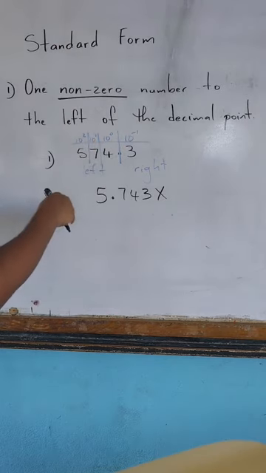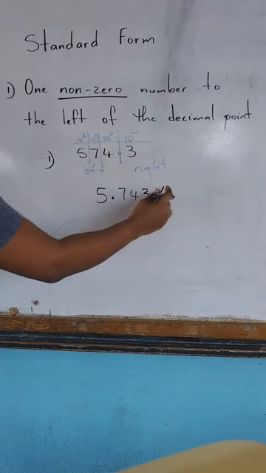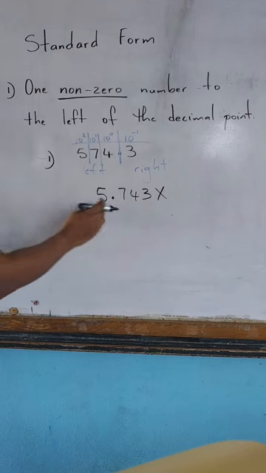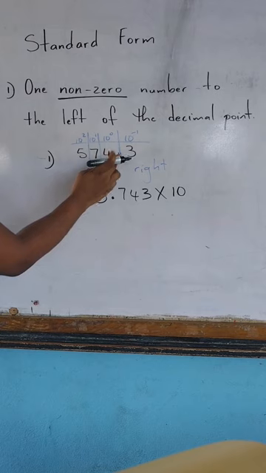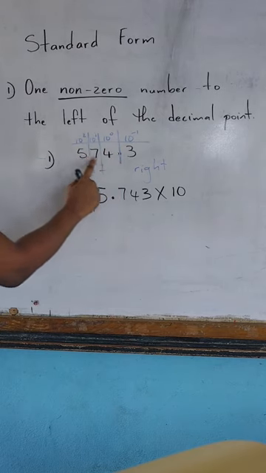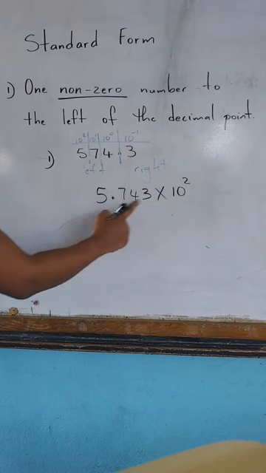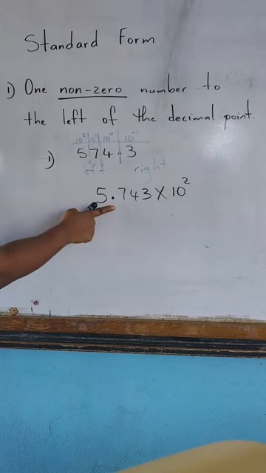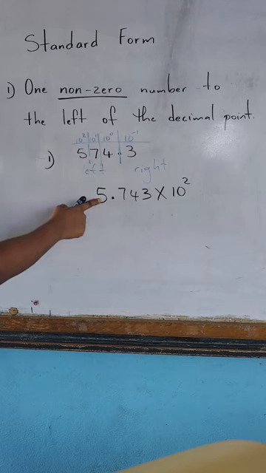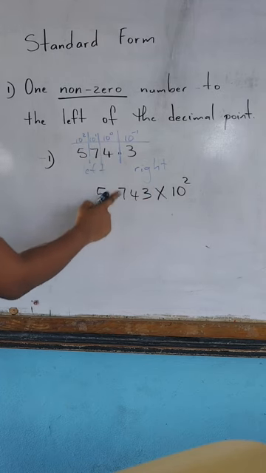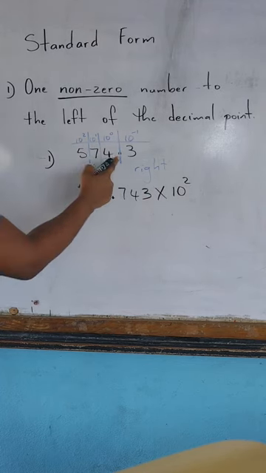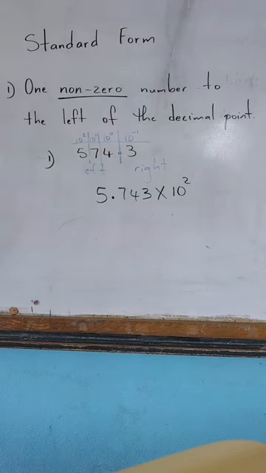To give back the number its value, I need to multiply this new number, written with only one whole number to the left of the point, by 10 to the power of 2, because the number was reduced by 2 powers of 10.